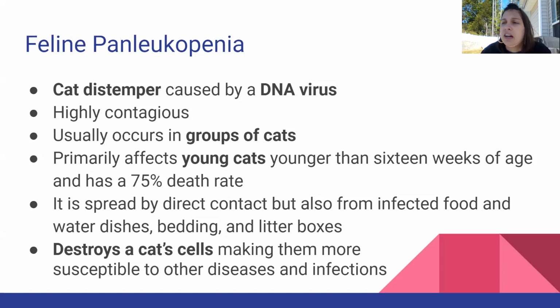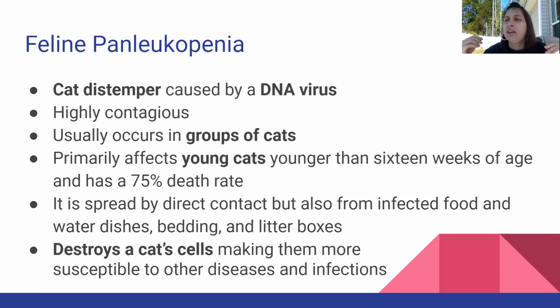If it does affect a young animal, then typically it's going to have a very high mortality rate because the kittens don't have a strong enough immune system to fight off as bad of a disease as cat distemper or feline panleukopenia. It's a DNA virus. It's literally attacking their entire body and their cells.